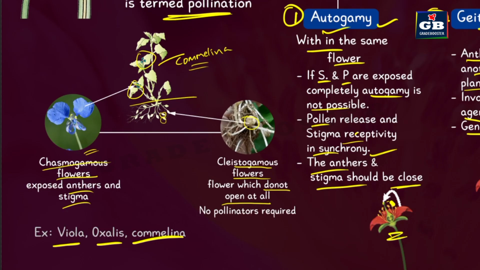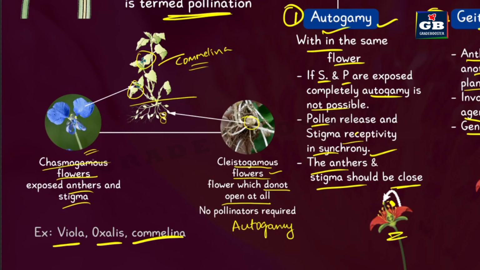They are present inside. They are not exposed. In case of these cleistogamous flowers, only autogamy takes place. There is no chance for geitonogamy. There is no chance for xenogamy. Why? Because the reproductive parts are not exposed. So no pollen can enter the flower from outside because it is completely closed.